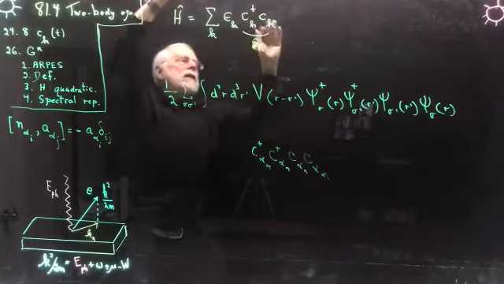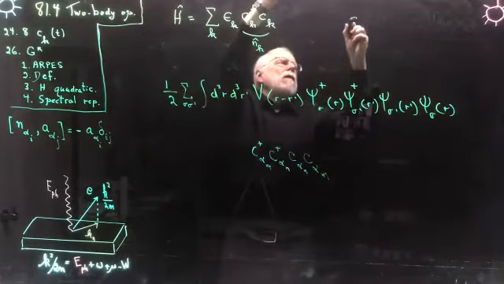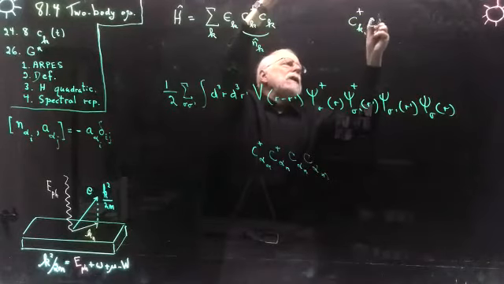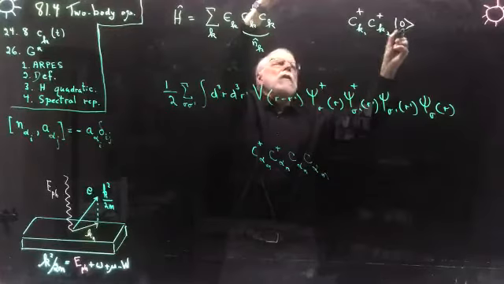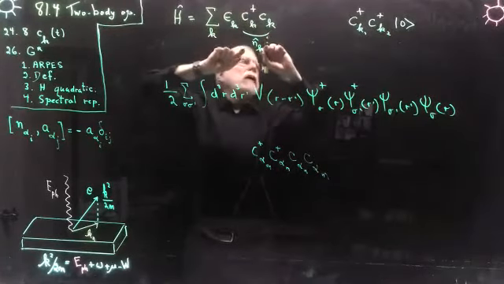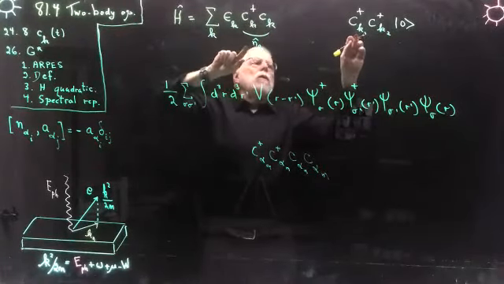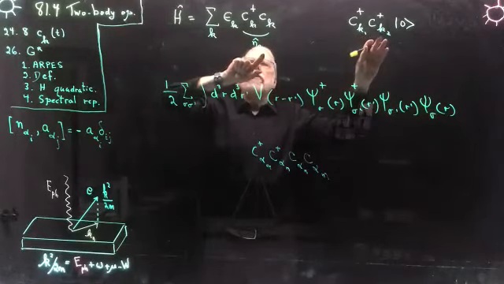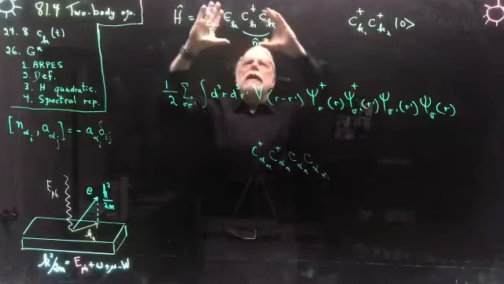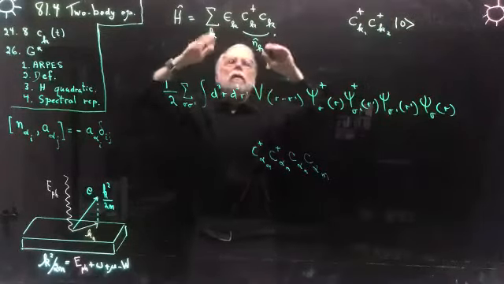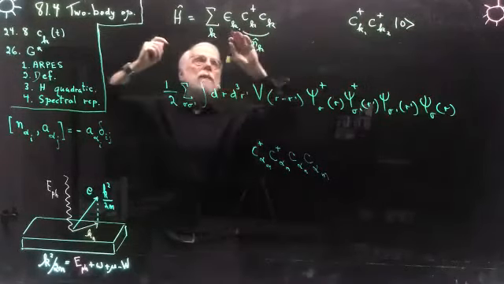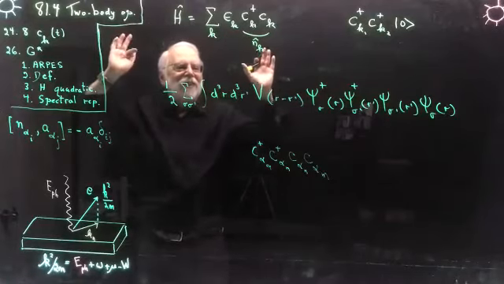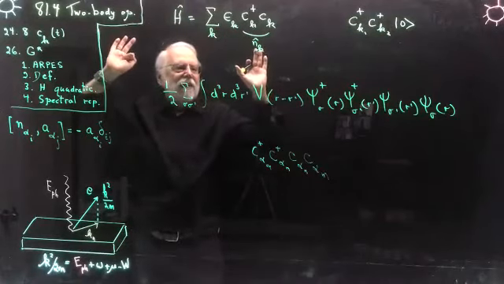The eigenstates of this will be of the form c dagger k1, c dagger k2, for example, acting on the vacuum. So there's a particle in state k1, a particle in state k2. When H acts on this, it will give me the same state times epsilon k1 plus epsilon k2.